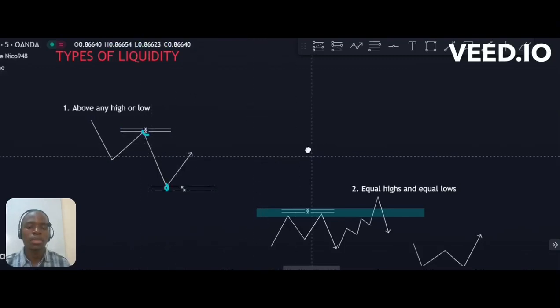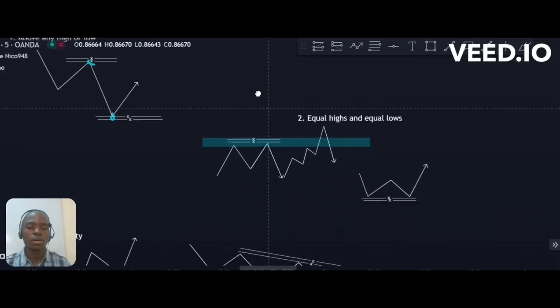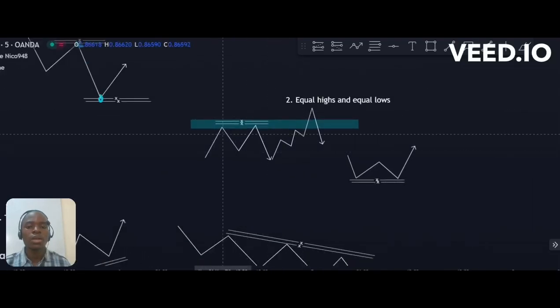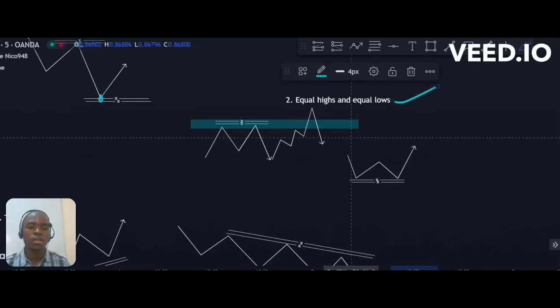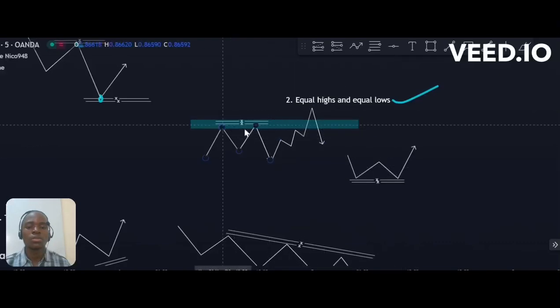Then we also have equal highs and equal lows. For example, here we have this equal high.